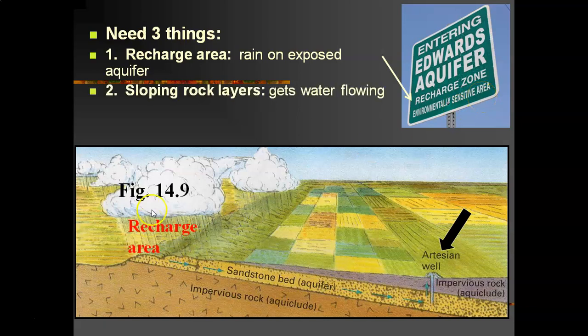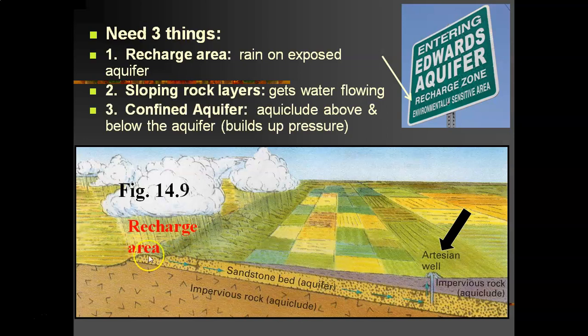All right, so you've got the recharge area, and then obviously, as shown, you need sloping rock layers to get the water flowing through the pore spaces. Plus, you need sloping rock layers to have your aquifer exposed at the Earth's surface. And then the third thing that you need is something called a confined aquifer. That means you've got an aquiclude above and below the aquifer.